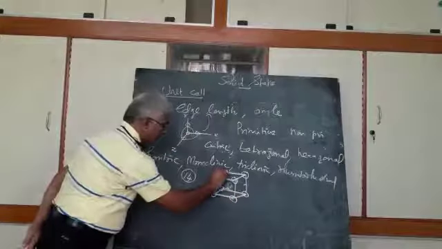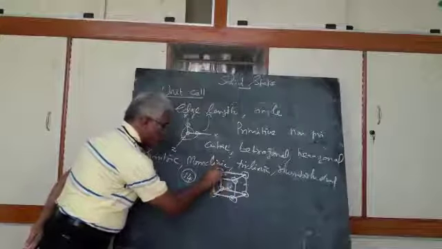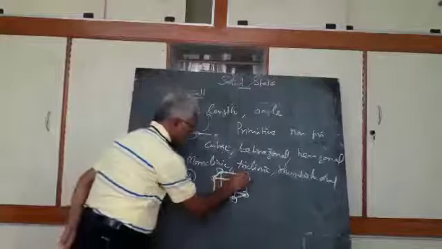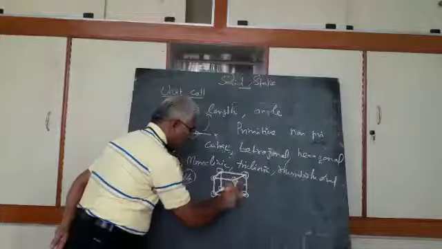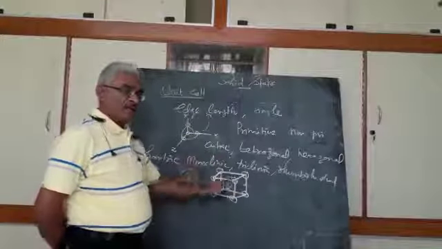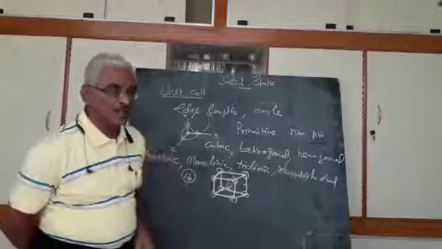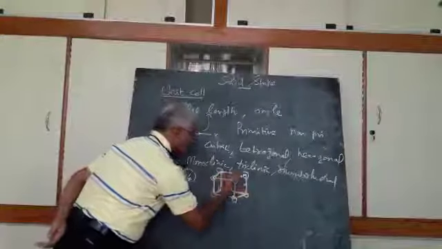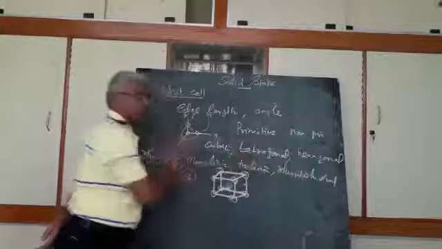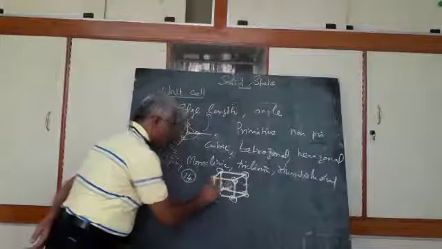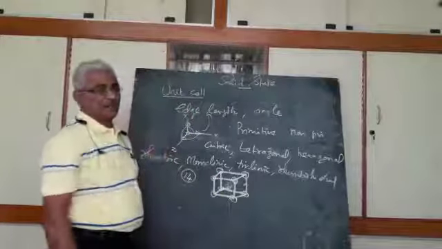This is the third face in the left side. This is the 4th face present in the right side. Top, bottom, left, right. What are the 2 other faces? Yes, the face present behind, at the back, and the face present at the front. So we have 6 faces.